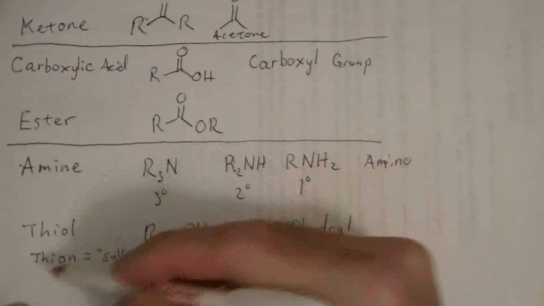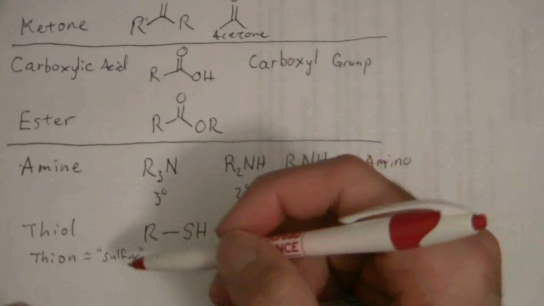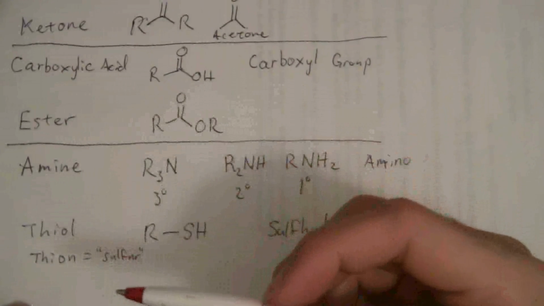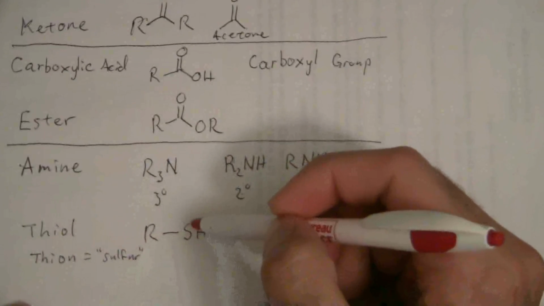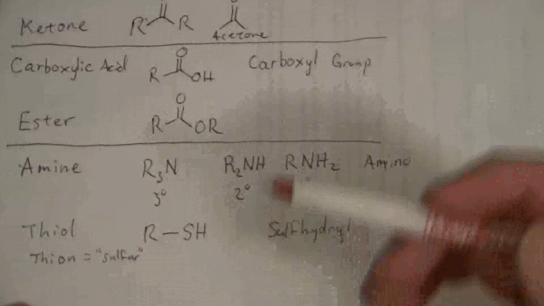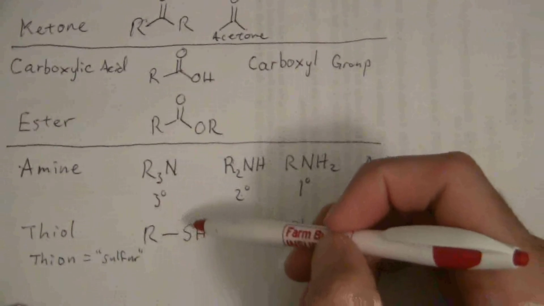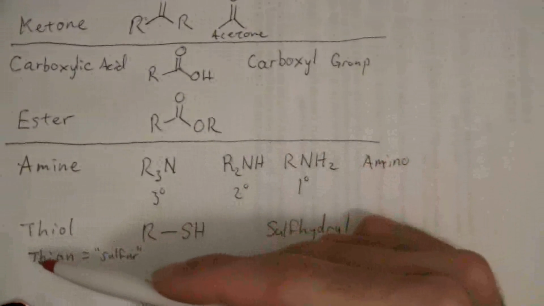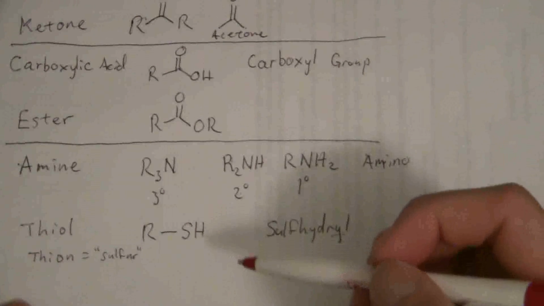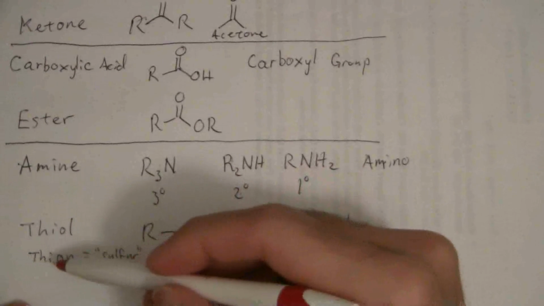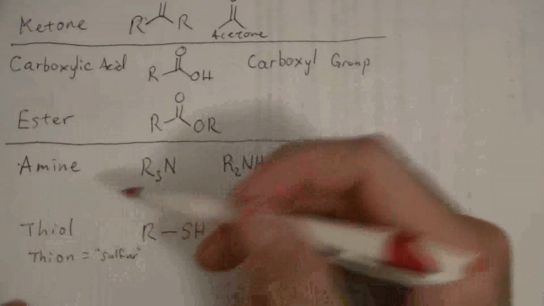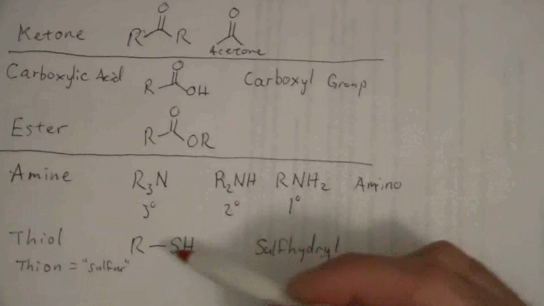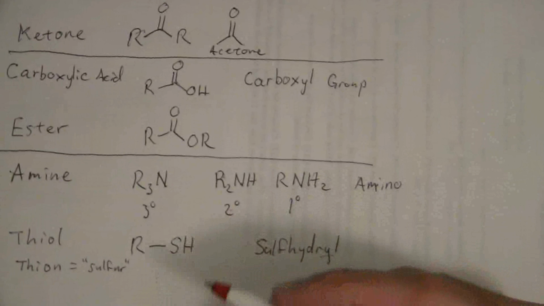If you combine that with alcohol, because sulfur and oxygen are in the same group of elements, this is very similar in many respects to an alcohol. So you take that sulfur, combine it with alcohol, and you get thiol. That's where the name comes from, since this is like an alcohol.